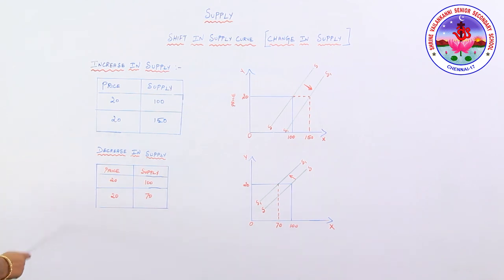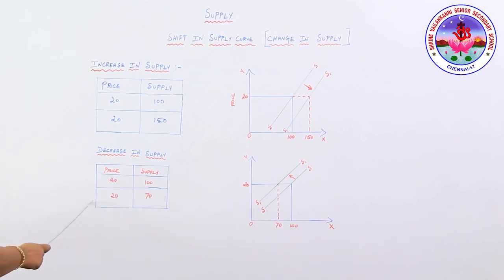Now, coming back to decrease in supply. Decrease in supply refers to a fall in the supply of a commodity caused by any factor other than the price. So the price is constant, and the other factor changes. In this case, supply falls at the same price, or supply remains the same even at a higher price.